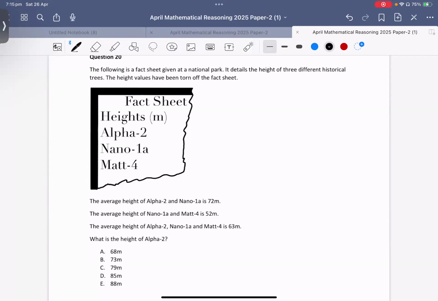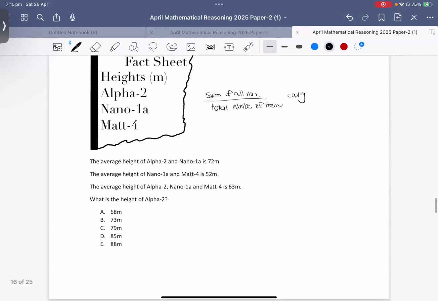So we know how to find average, which is the sum of all the numbers divided by the total number of items, right? That's what gives us average. So if I express what they've written here, for this one it says Alpha plus Nano 1A.